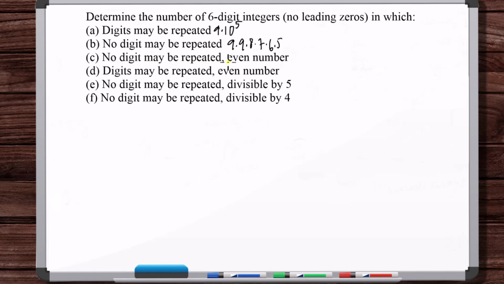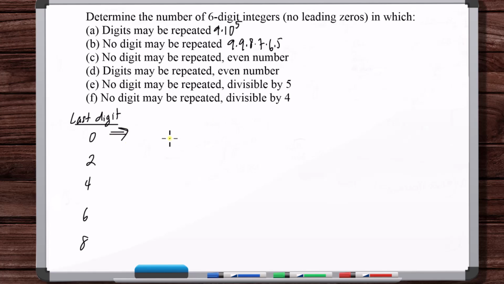No digit may be repeated, but an even number. In that case, we need to analyze the cases where the last digit is 0, 2, 4, 6, and 8.